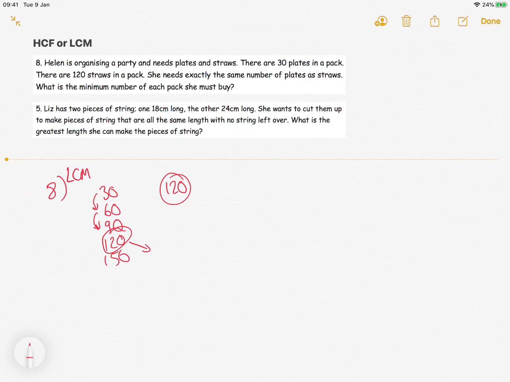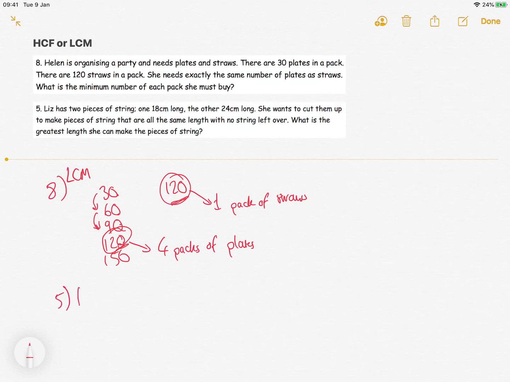Well, she needs 1, 2, 3, 4 packs of plates and 1 pack of straws. And the reason for that is because she needs exactly the same number of each. So exactly the same number, we're thinking lowest common multiple, because it's common, exactly the same. It's another way of saying that.